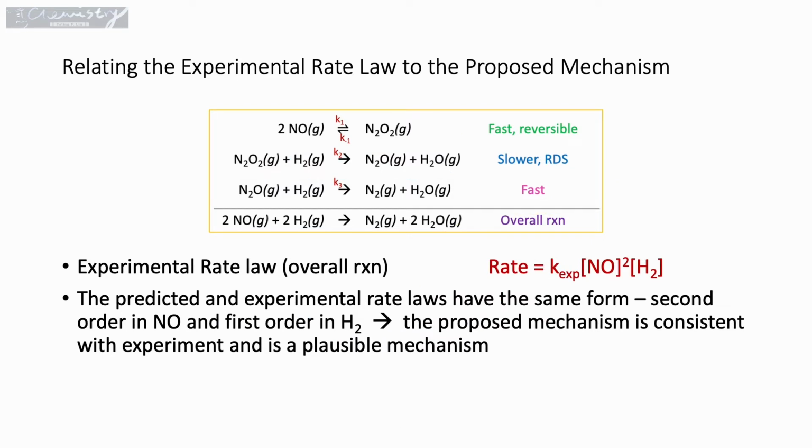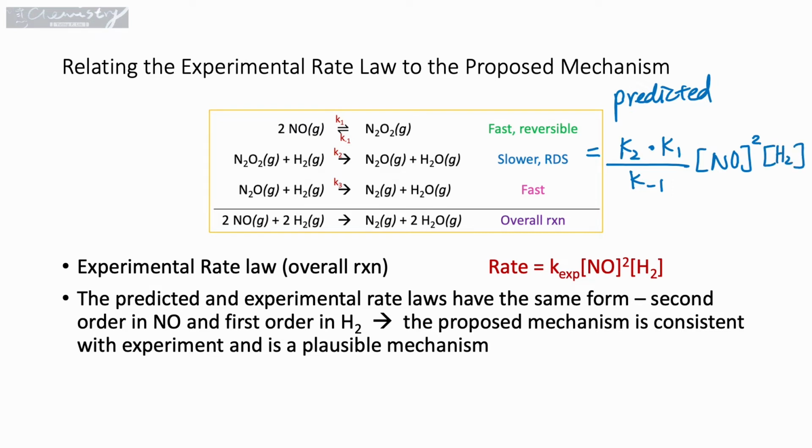So with that, let's compare our predicted one to our experimental one. So let me, again, write down the predicted one more time. So predicted. And this is going to look a little bit complicated. But we predicted that it is K2 times K1 over K negative 1 times NO concentration squared times H2.